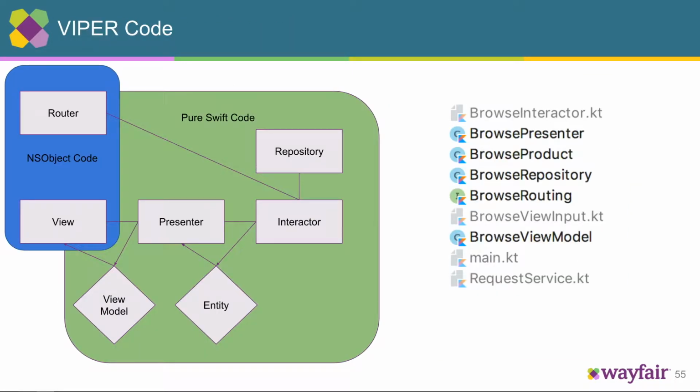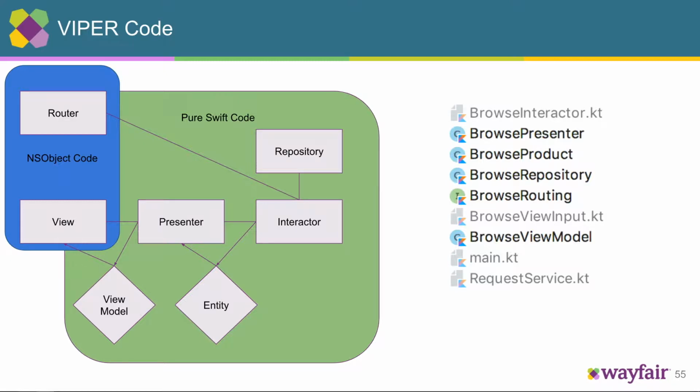So we went through a variation of Viper code in the last talk, but in Swift. What we're doing is we're starting with our router, which is where we're setting up all of our Viper code. And that's the main area where we're pushing a new screen onto our app, and that needs specific iOS frameworks to allow us to do that.